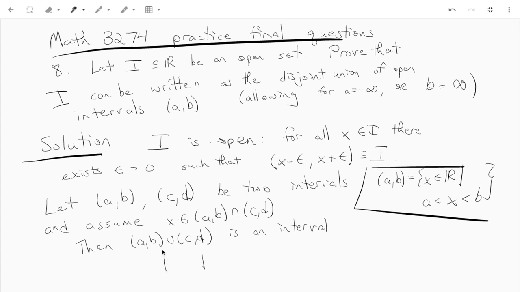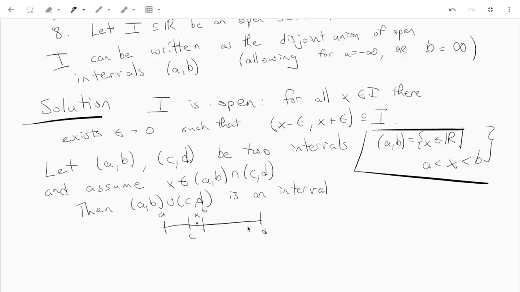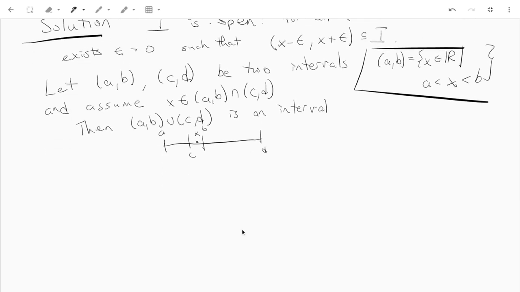Here's the interval from a to b. Here's the interval from c to d. Here's x. The union of the two intervals is also an interval. We'll just take this as given, but you can prove it if you want. You could probably prove it by cases. It's just the way that stands out to me.